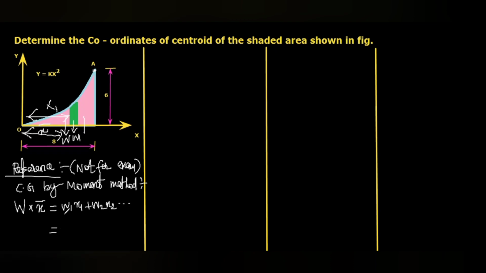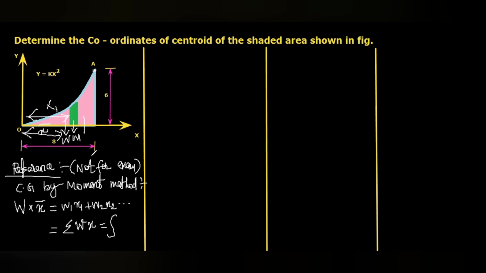Then for these multiple strips, we can write the summation of small w multiplied with its distance from the origin. Instead of this, the summation can be replaced by an integration. This is the method we are going to follow in this numerical.